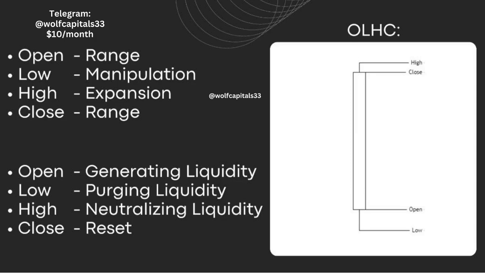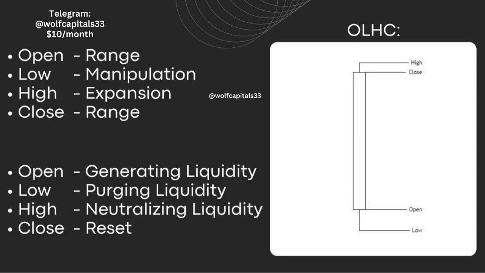With that, it's going to do two things. First, during the manipulation profile, it's going to test the higher time frame key level, and second, it's going to rebalance a dealing range, or an expansion swing, on a higher time frame. These are the two things it will do after liquidity is generated and then purged, right?